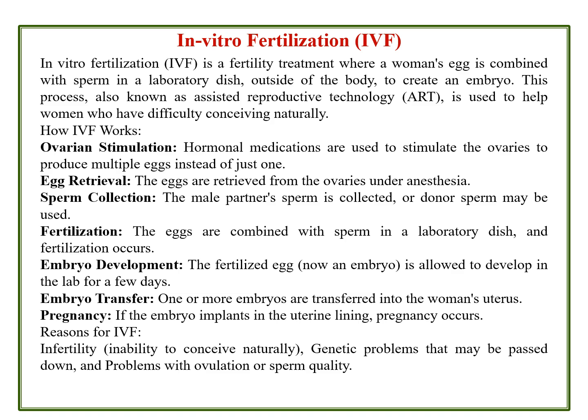One or more embryos are transferred into the woman's uterus, where they are nourished to develop from embryo to fetus to organism, through different stages: 256 cell stage, blastula, blastopore, and then pregnancy. If the embryo implants in the uterine lining, pregnancy occurs, so that the secondary sexual hormone will be released.